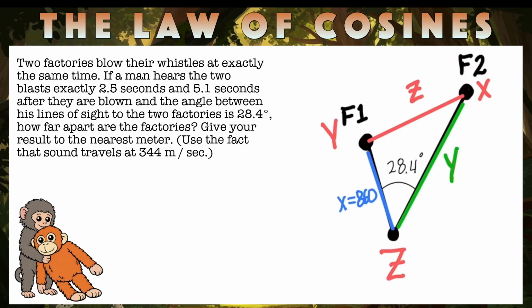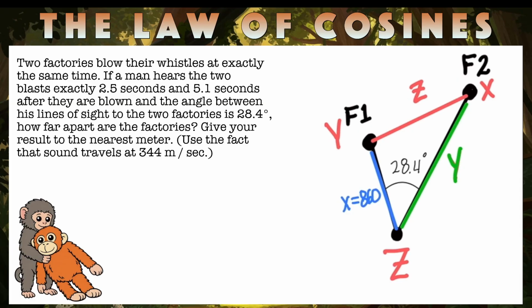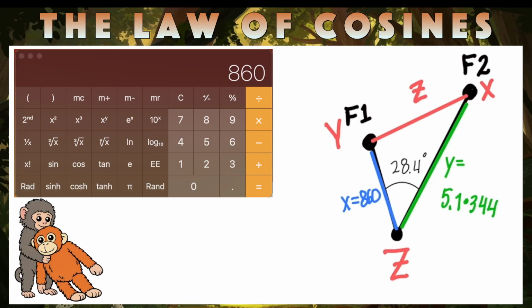Two factories, 2.5, 5.1. So now for getting Y, we're going to do 5.1 times 344, and that's going to get us the Y value. It's just a little more than double the X value, which would make sense, right? Always make sure your answers make sense. Don't just blindly trust whatever you see on the calculator screen.